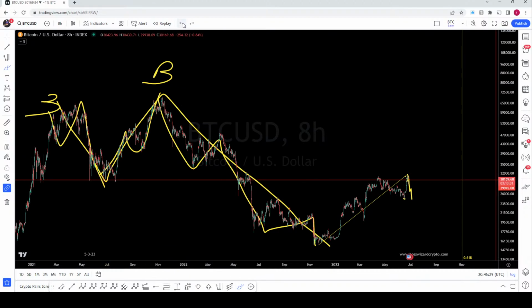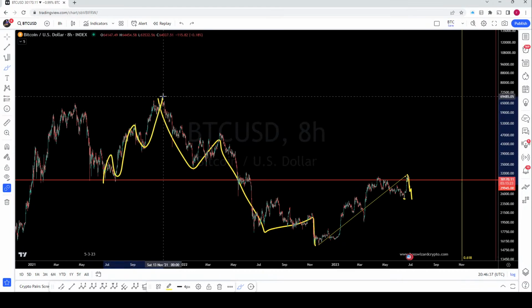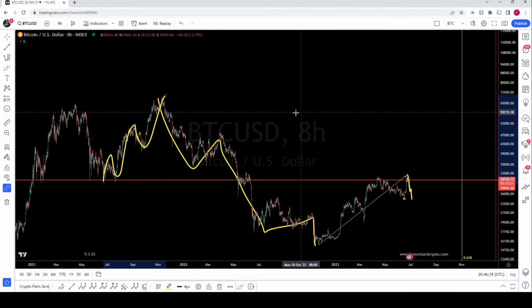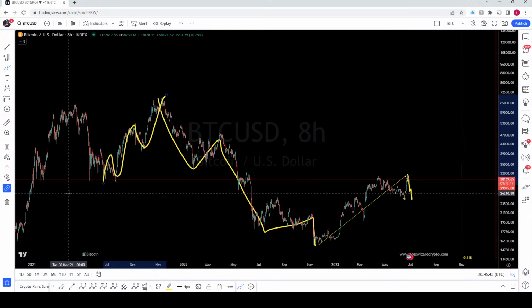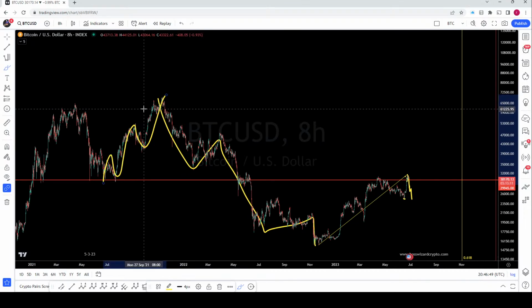Now, if you wanted to say that this 5 was the beginning of something, then you must say that this was 5, and I don't see it. There's too many problems with it. But let's say it was, for sake of conversation.